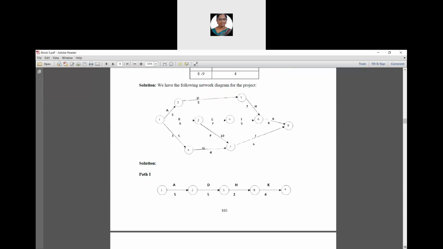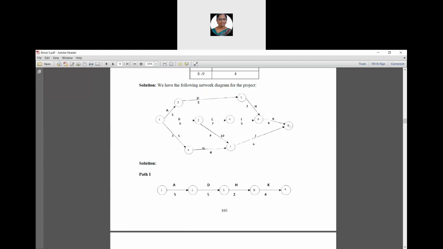How many possible ways are there from 1 to 9? They are 1 to 2, 2 to 5, 5 to 8, 8 to 9. It is the first path. Then the second possible way is 1 to 3, 3 to 6, 6 to 8, 8 to 9.